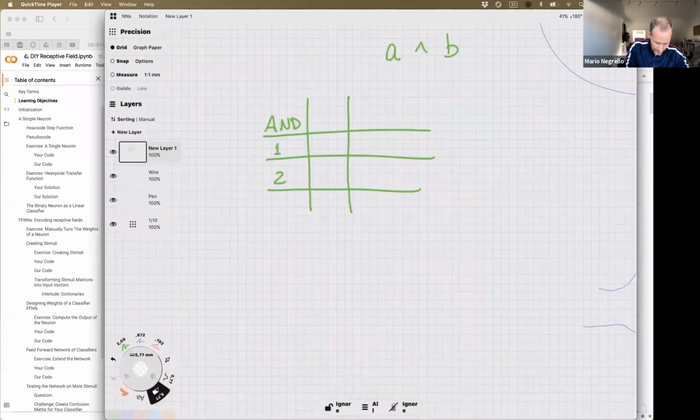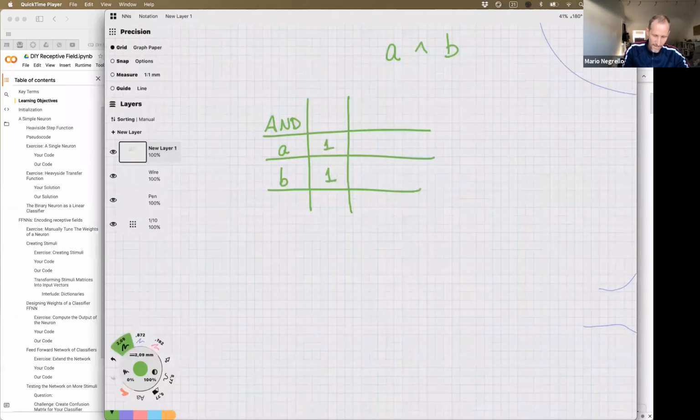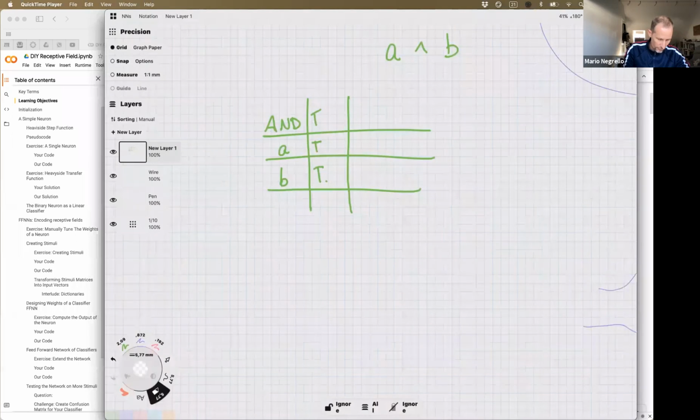So if A is 1, and B is 1, then the output of the AND function is going to be 1. That's the same as saying if A is true and B is true, then the output of AND is true. So let's go with true and false.